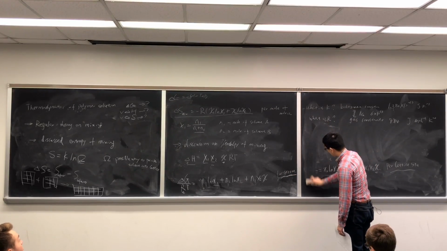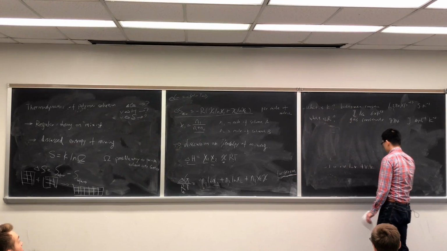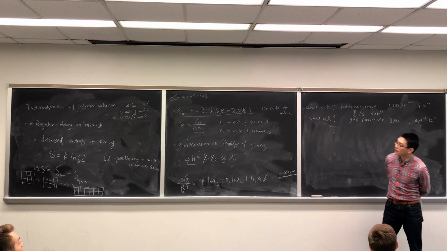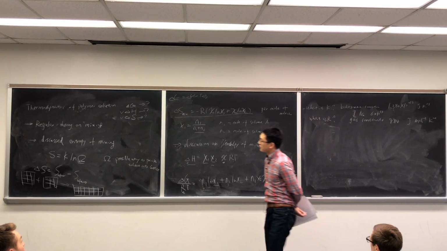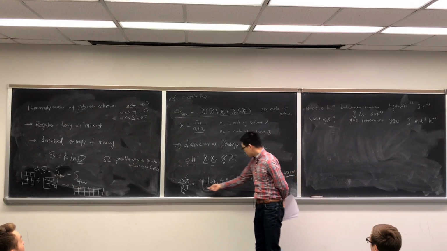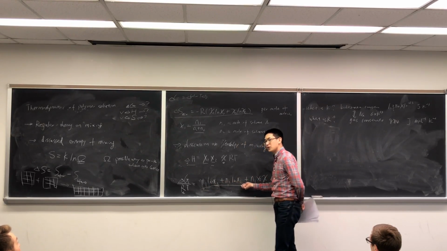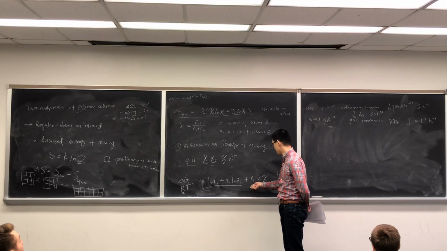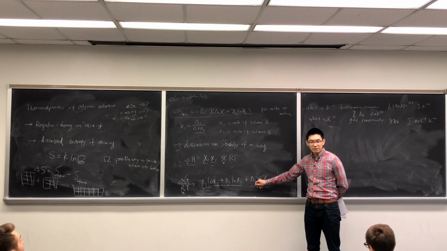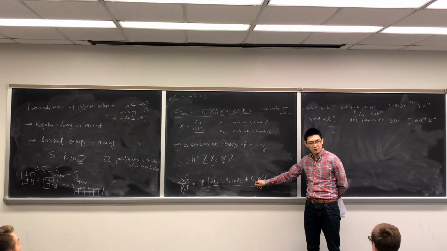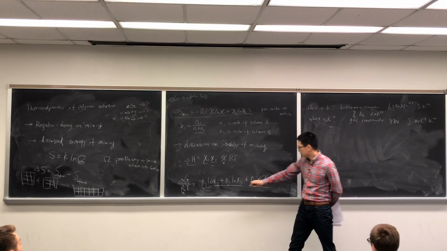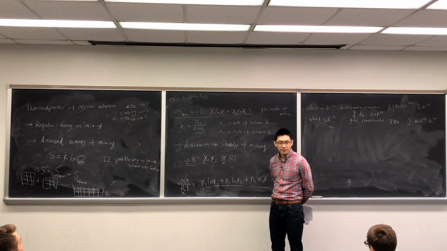Up to now, I'm going to erase this part to save some space. We understand what is called regular solution theory on mixing using the lattice, where we understand the entropy contribution, the N1, X2, chi terms.